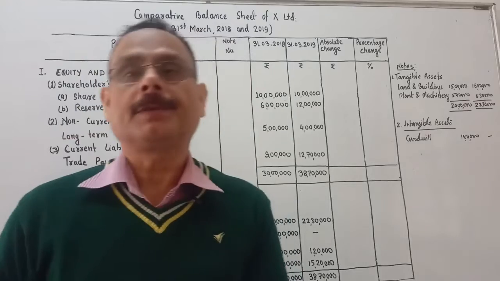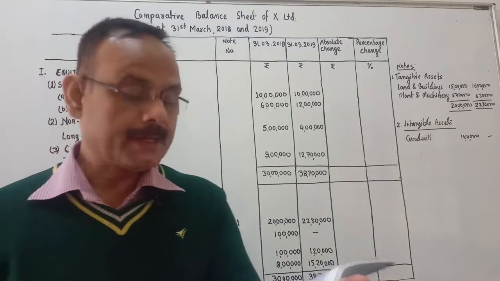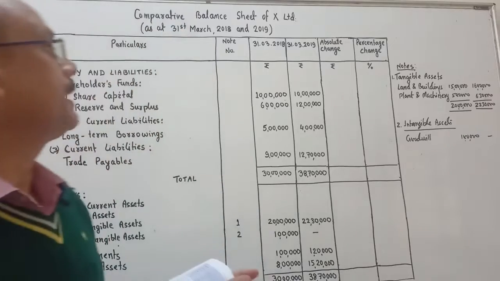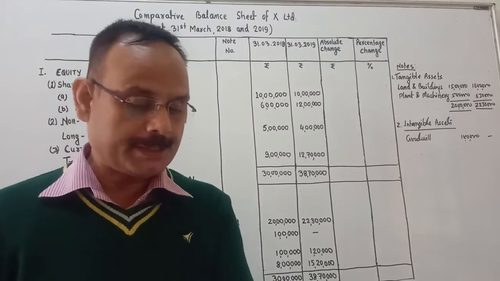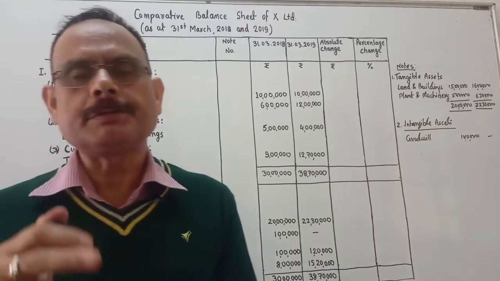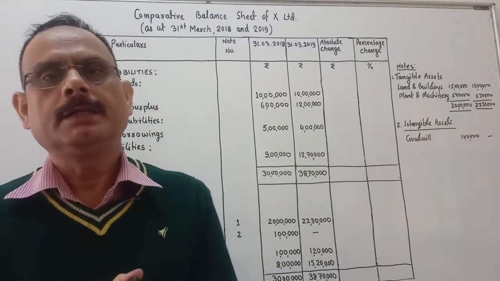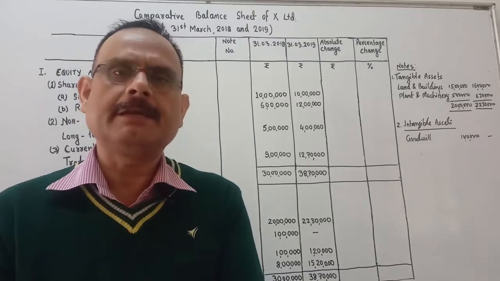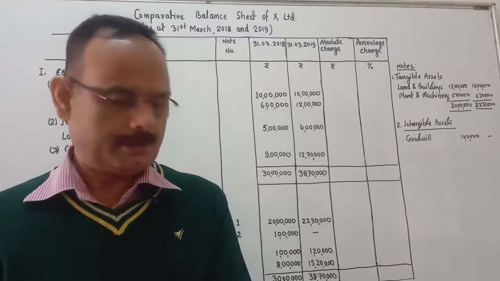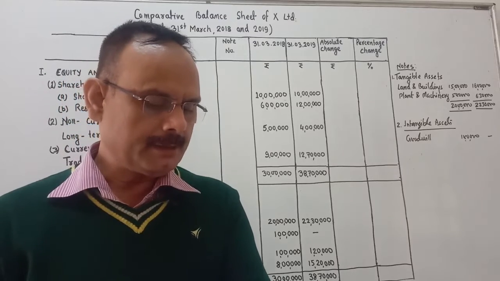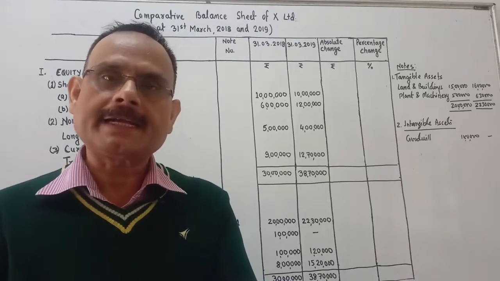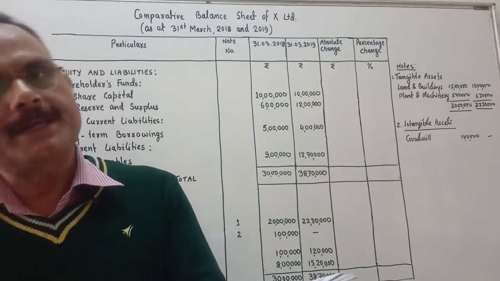From the following information, prepare comparative balance sheet of X Limited. Here the information is not given as per schedule 3rd part 1. Random information is given, not systematic. The information is given in 2 columns, first one is for 2019, second column is for 2018.